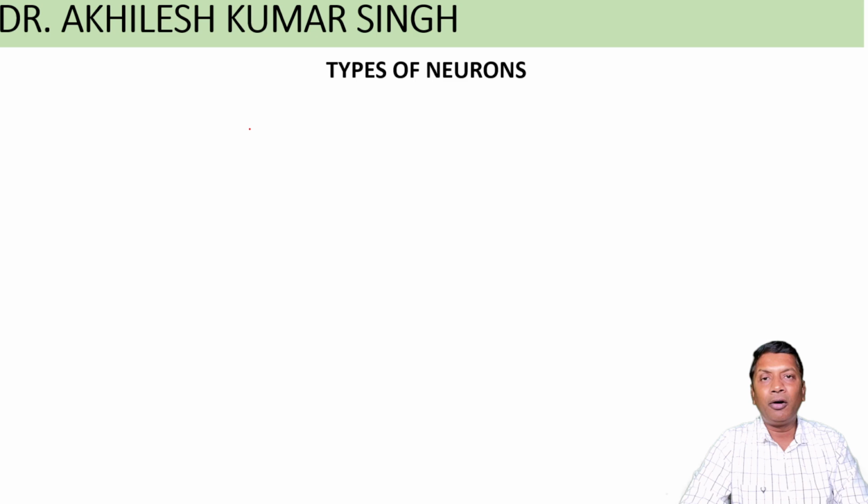Neurons are of 4 types based on the number of processes coming out from the cell body.